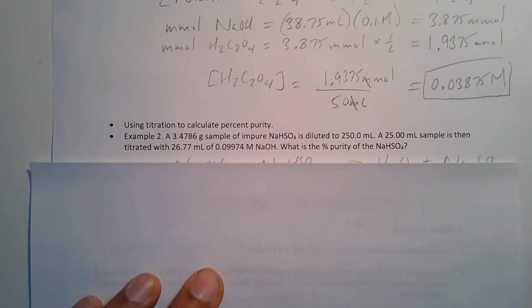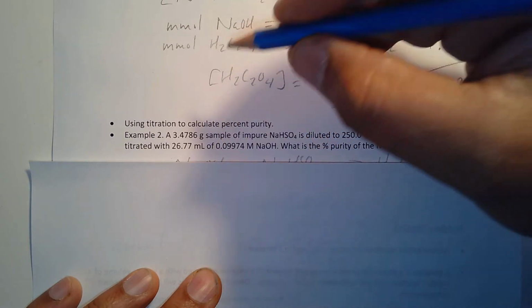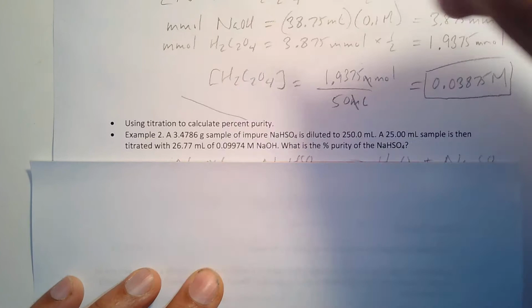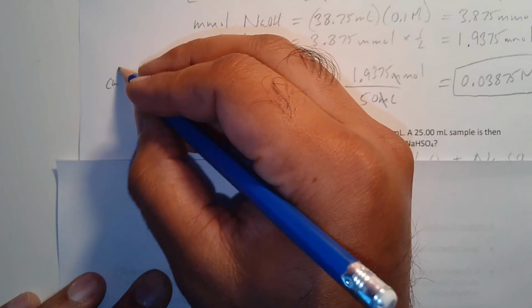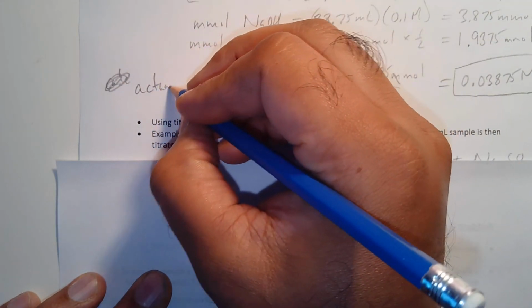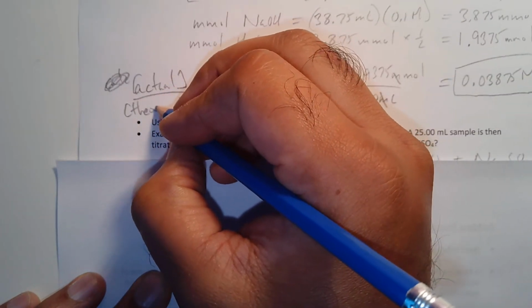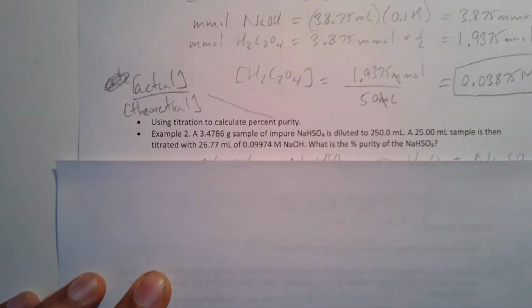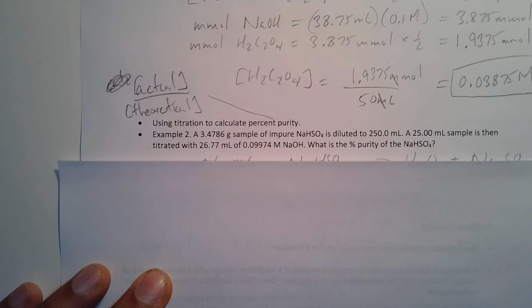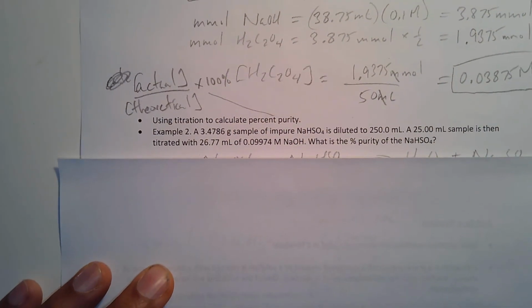In order to calculate percent purity, you're going to take your actual concentration that you are able to figure out experimentally, divide that by the theoretical, which is what you would calculate it should be, and then multiply that by 100%. That'll give you the percent purity.